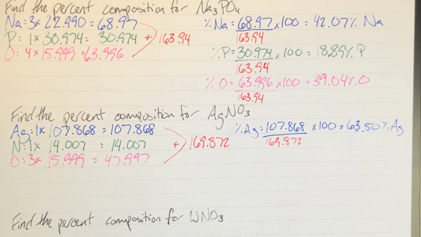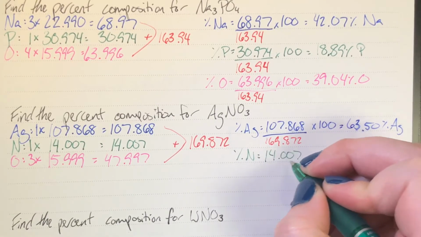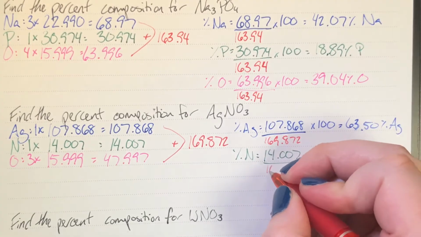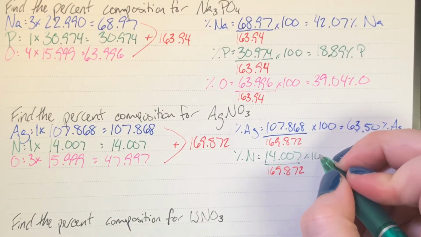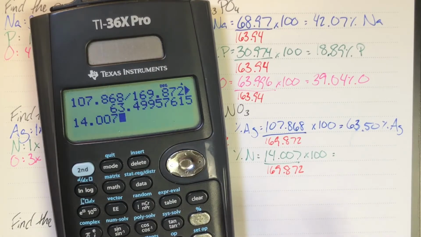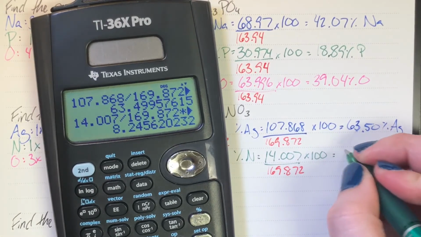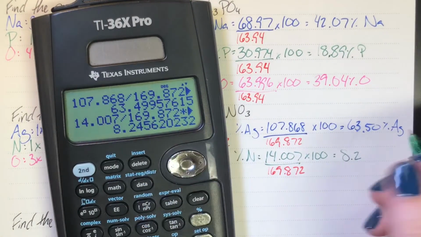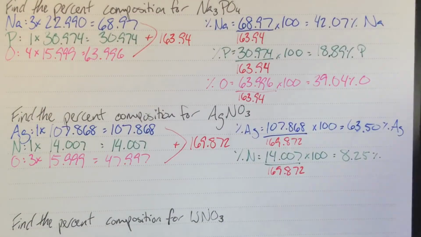And then I can do nitrogen. So percent nitrogen is going to be 14.007 divided by 169.872 times 100. That gives me 8.25, makes me round up, 5%. And then percent oxygen is next.